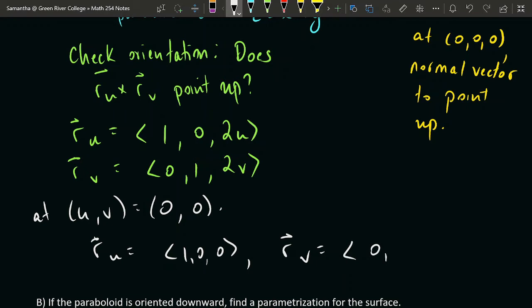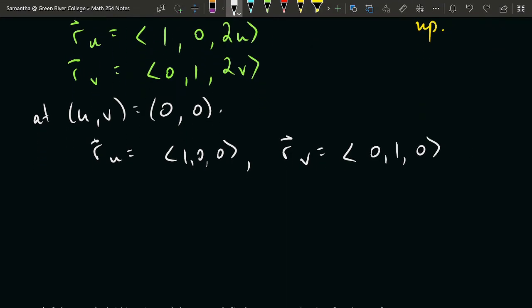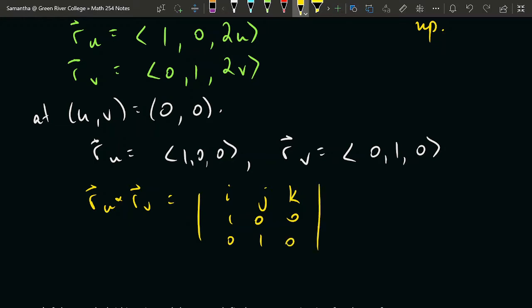At this particular location, our partial derivatives become 1, 0, 0 and 0, 1, 0. And therefore the cross product can be calculated relatively easily. You can confirm that the result of that will just be a vector of length 1 in the positive z direction.